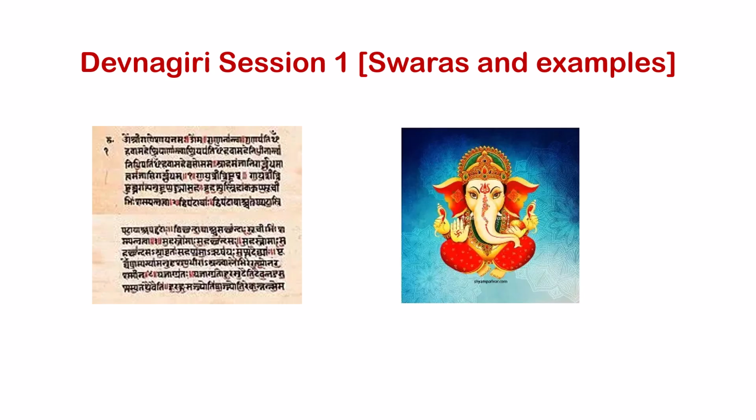Rama, two aksharas. Krishna, two aksharas. Krish, again that Sh is half. Shiva, two aksharas. Saraswati, four aksharas. Parvati, three aksharas. So akshara is nothing but one letter.